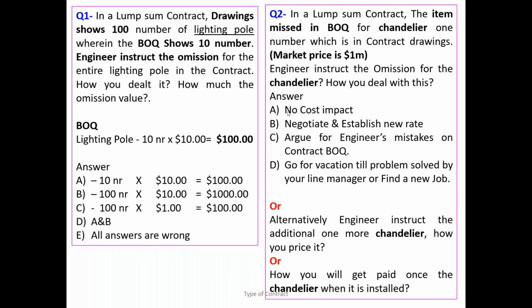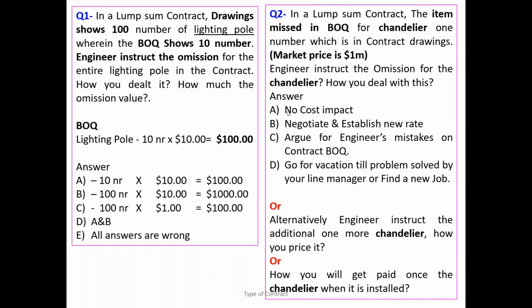So where is the scope of work defined, as we discussed before, in the BOQ or the drawings? Everybody answer the question only. Okay, drawing, isn't it? So can we say the BOQ is the only one defining the scope of work? No. It is prepared based on the drawing and specification. So it's just a baby.